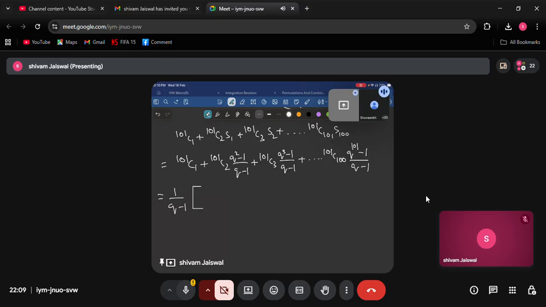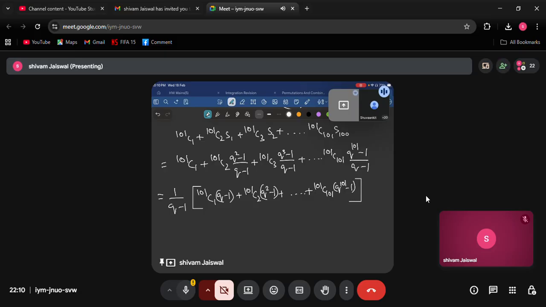Within brackets, we are going to get 101 C1 into (q minus 1) plus 101 C2 into (q square minus 1) plus dot dot dot plus 101 C101 into (q to the power 101 minus 1).